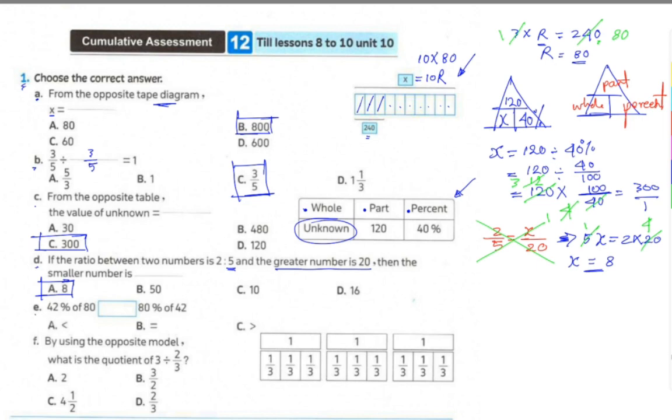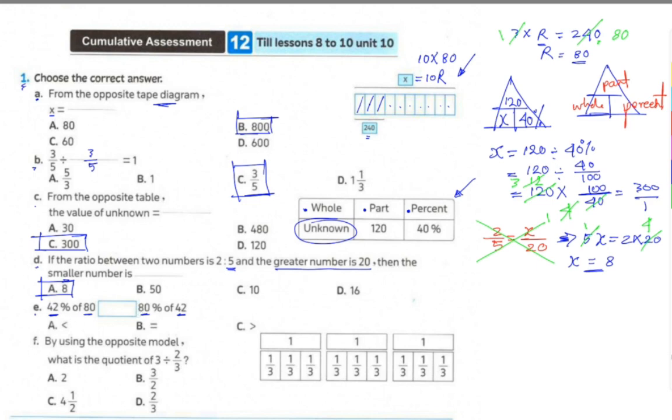E. 42% of 80 compared with 80% of 42. If we note 42 and 42, 80 and 80, but here the percent goes with 42 and here the percent goes with 80. That's the same. Why?